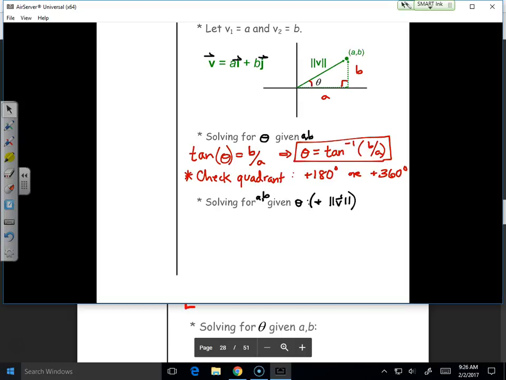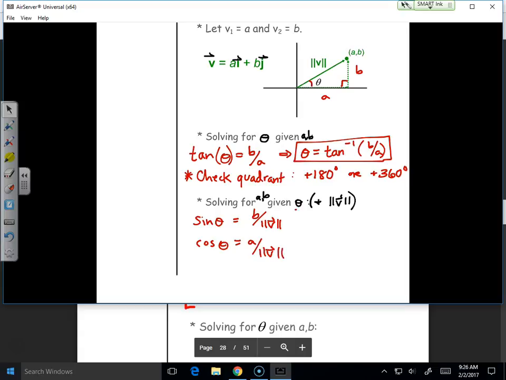If we had the angle and if we had magnitude, which is the hypotenuse, we can use other trig functions that use the hypotenuse, like sine and like cosine. Sine and cosine take theta and relate it to the opposite over the hypotenuse, and the adjacent over the hypotenuse.